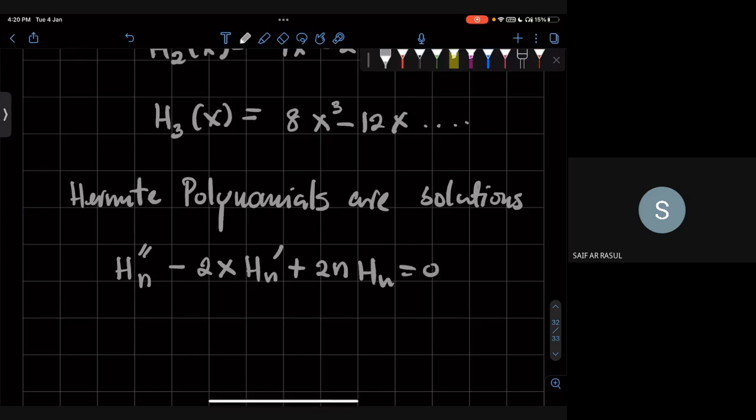What's happening is that we are putting a particular value of lambda in the Schrodinger equation. This is for n a positive integer.